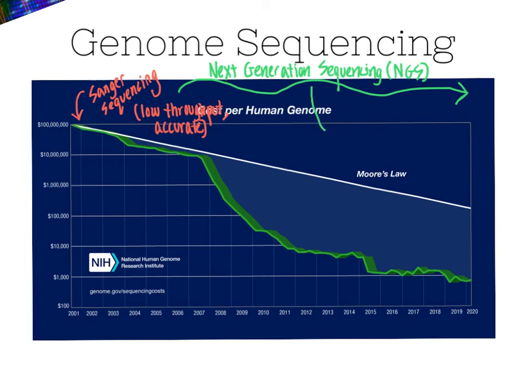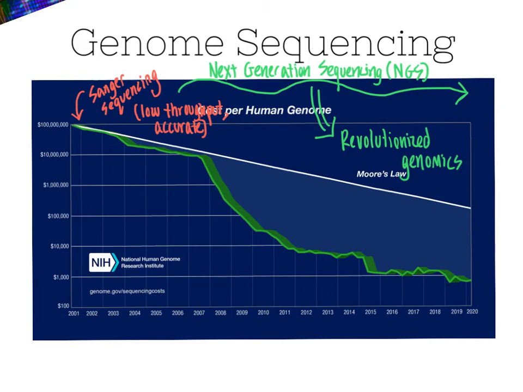So next-generation sequencing has very much revolutionized our study of genomics because it has enabled the sequencing of individual human genomes at a relatively low cost.